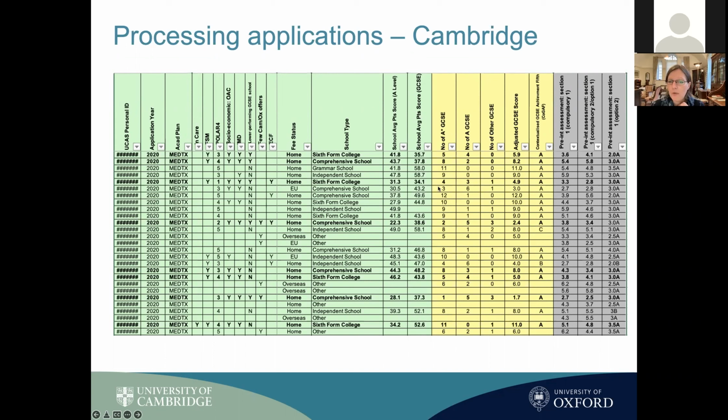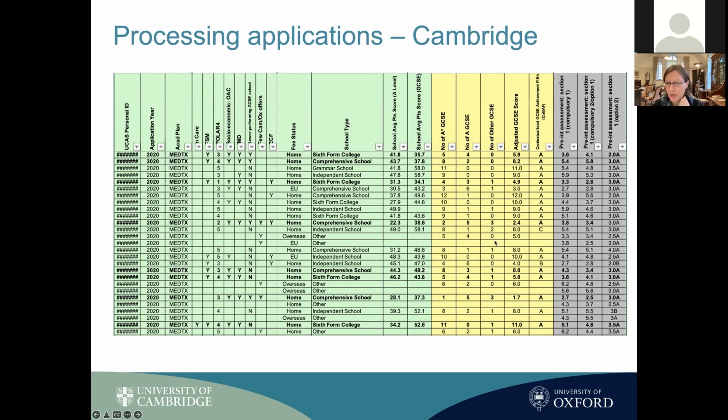And then we give their GCSE profile. So although you see here number of A stars, really that should read number of A stars/8/9, which is our equivalency, and then we equate any 7s to an A, and then everything else is less than that. And as you can see, you know, this is our medicine field from a couple of years ago.